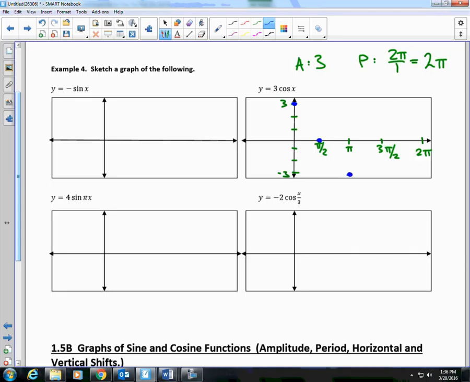After it reaches its bottom, it will then go back up, and it must cross over the x-axis, and then we'll go to the top. There's your graph.